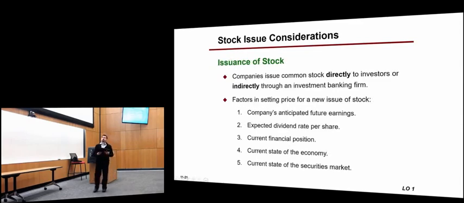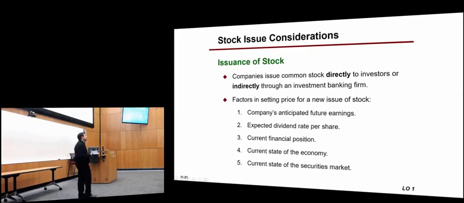So, issuance of stock, like I said, the companies can do that directly by selling stocks themselves, or they can do that indirectly by looking at an investment banking firm to do that on their behalf. When they decide on the price of the stock, how do they do that?